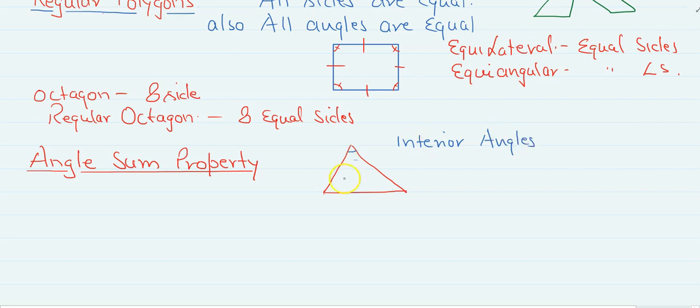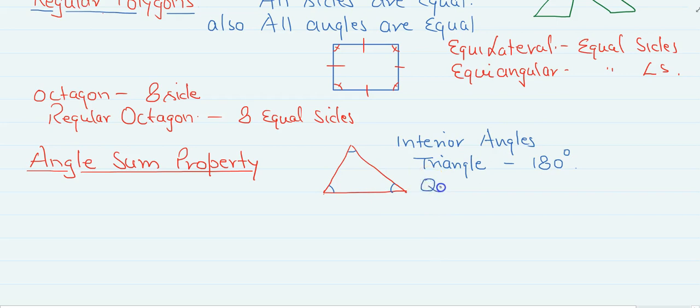Our example is a triangle. The sum of all angles of a triangle is 180 degrees. Do you know how to prove that the sum of all angles of a triangle is 180 degrees? You must try this.